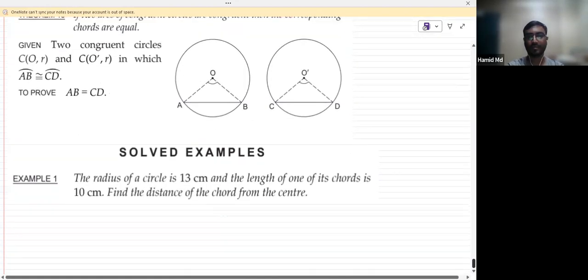So do this problem and I won't give you any hint. Okay.